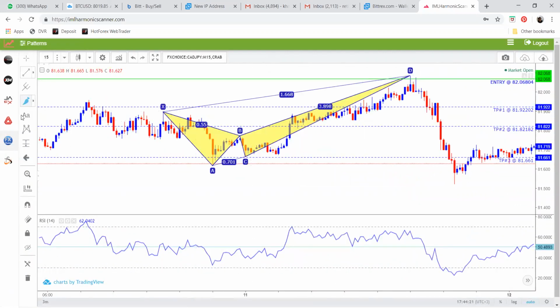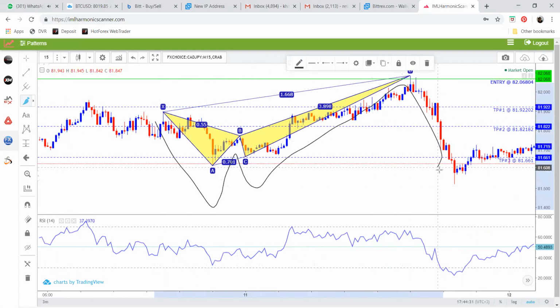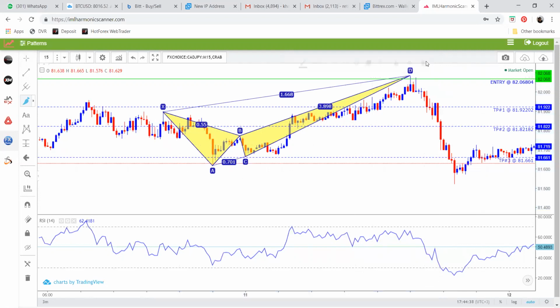When you see W's in the market, like this, for example, you're looking for sells. Once you guys got that, this is an easy way to know whether you're looking for buys or sells on a particular chart in the harmonic scanner. So I got that covered. Perfect.